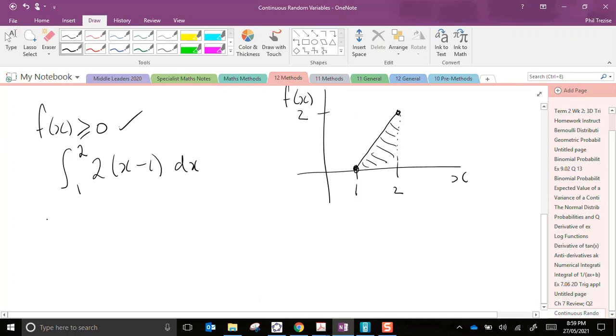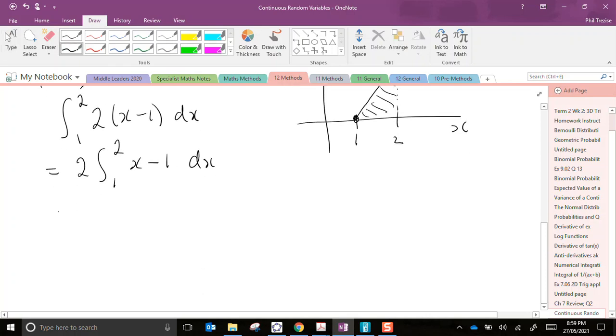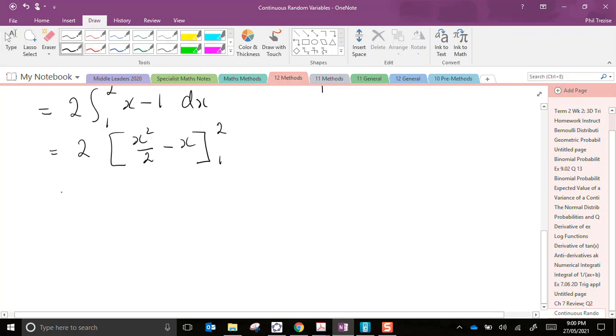Let's do this integral. So the constant 2 can come to the front of the integration. There's the integral of x take 1 dx. Integral of x is x squared over 2 minus integral of 1 is x. And the limits of integration were 1 and 2.